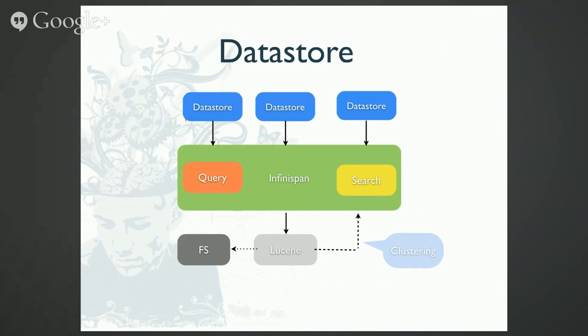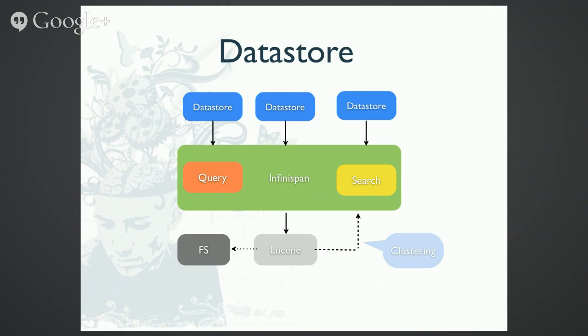As I said, for example, you have multiple instances of your Datastore service. Of course, they all connect to the same Infinispan cache. In order to be able to do queries on top of Datastore, we morph those Google App Engine queries into Infinispan queries.